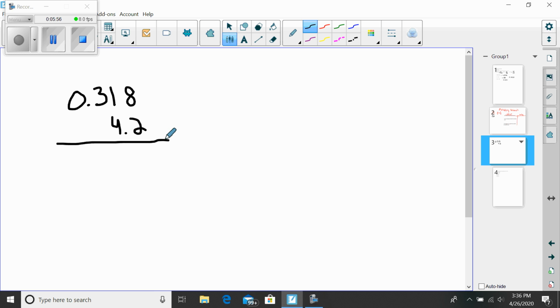Okay, so we would tell the kids, ignore the decimals and just multiply that. Okay, so that would be 636 8, and that would be 1272.